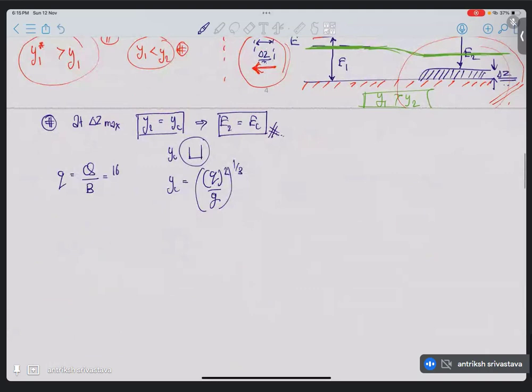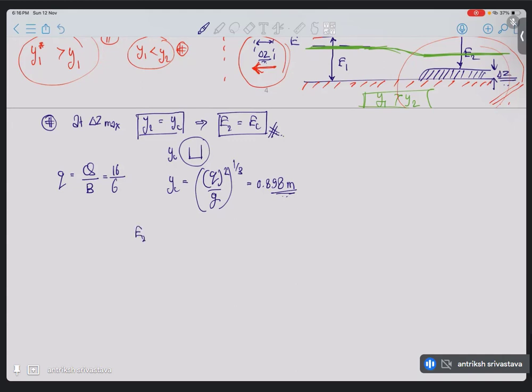So we have 16 by 6. And g is the standard acceleration due to gravity, that is 9.81. So when you solve this, you get the critical depth as (16 divided by 6, that is 2.67, square, divided by 9.81) cube root, which is 0.898 meters.